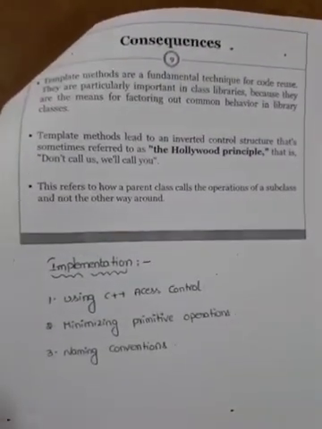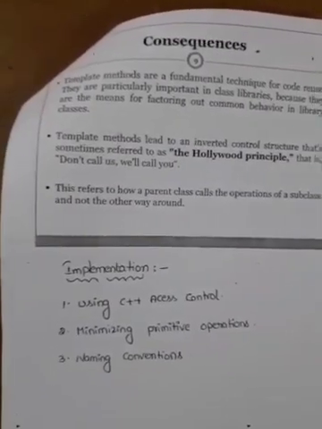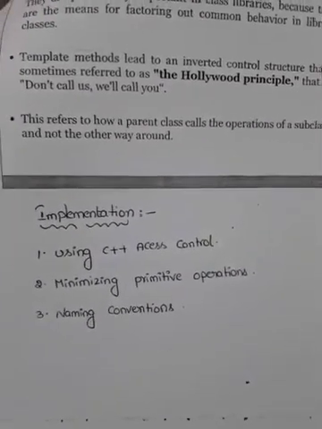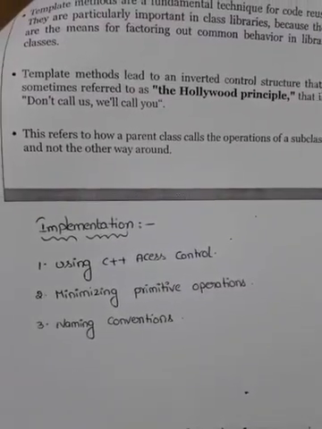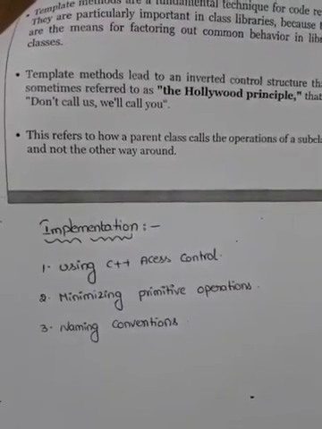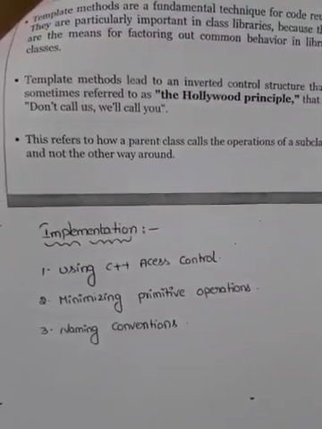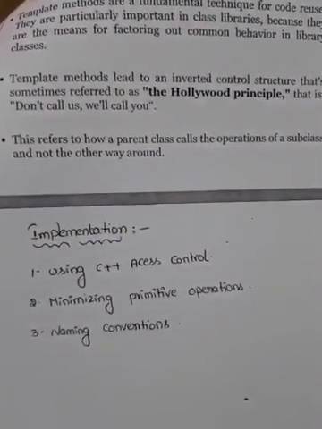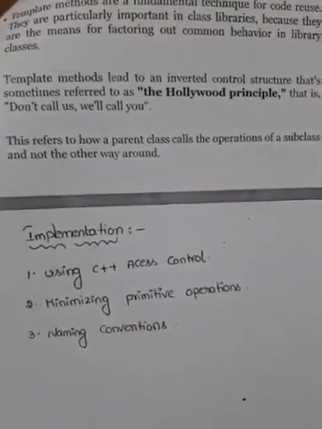Coming to the implementation of this template method, there are three main implementation issues we can say under this template method. The first one is using C++ access control, the next one is minimizing primitive operations, and the final one is naming conventions. Coming to the first one, using C++ access control.